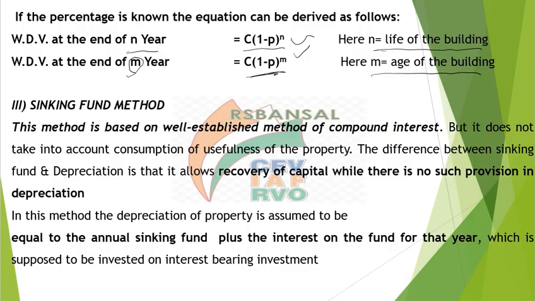And then the third method is the sinking fund method. In the sinking fund method, it basically uses compound interest. One thing you have to remember: in the first two cases we were assuming depreciation as consumption or usefulness of the property, but here it does not take into account consumption of usefulness of the property.